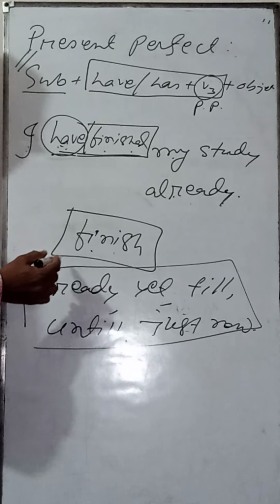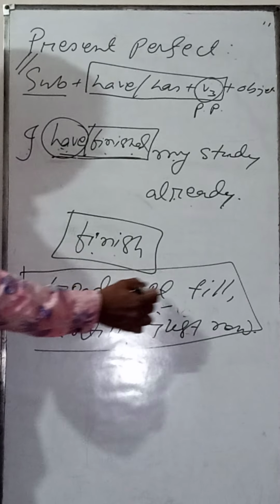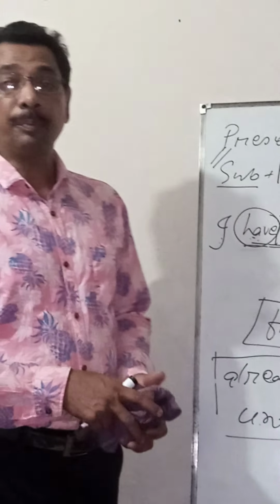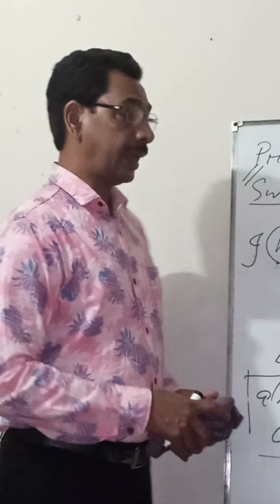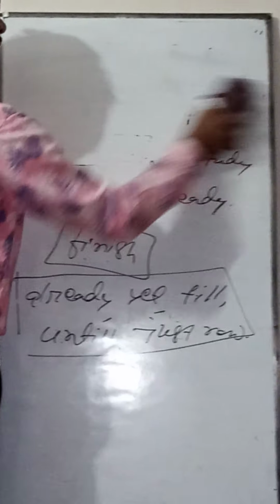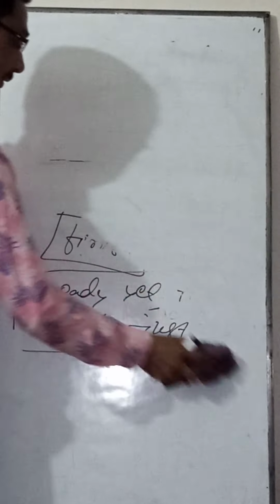I'm repeating again, if you find the words already, yet, till, until, just now, it will be present perfect tense. Now I'm going to discuss rule number 4, present perfect continuous tense. You know the present perfect continuous tense structure.